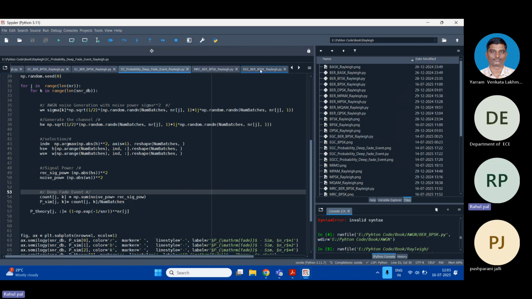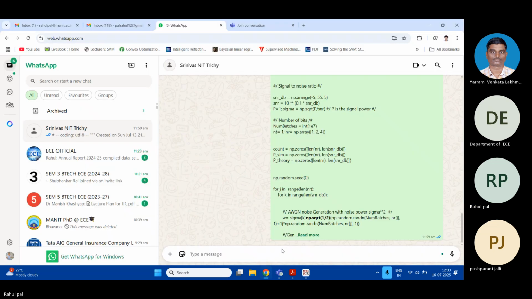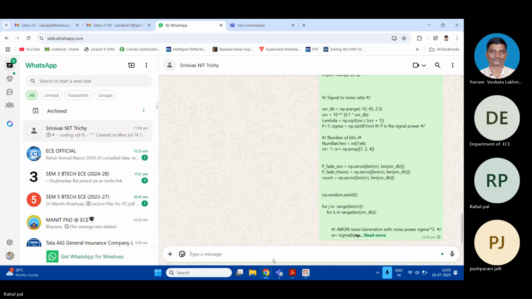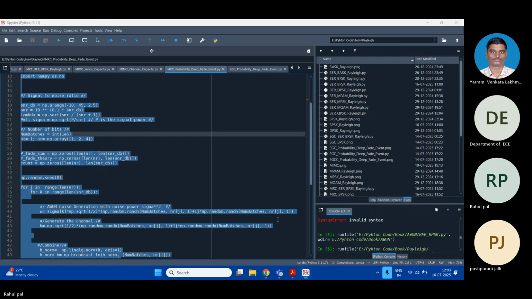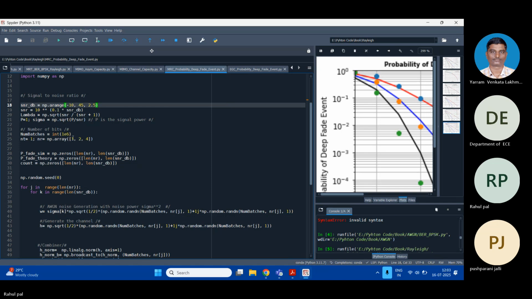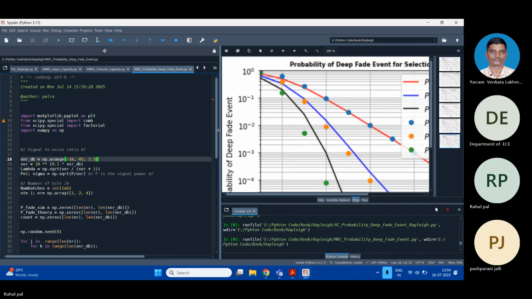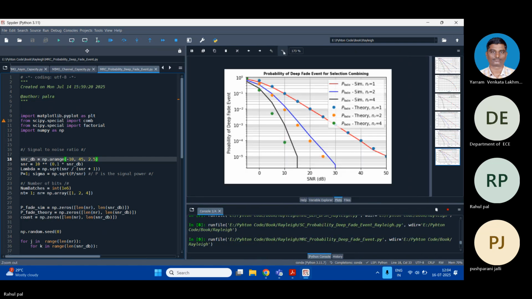Now the same we can do for MRC. The earlier code I explained was for equal gain combining.